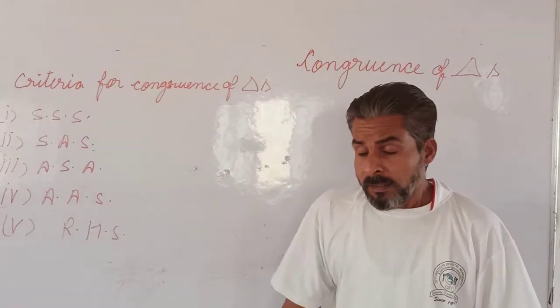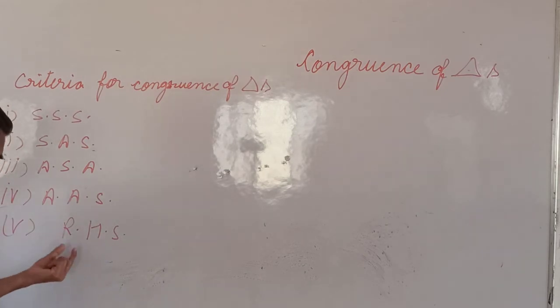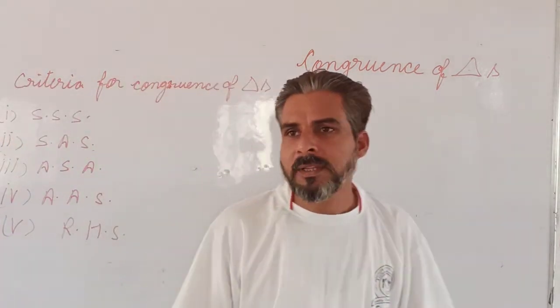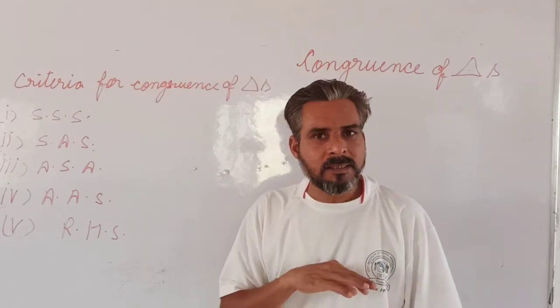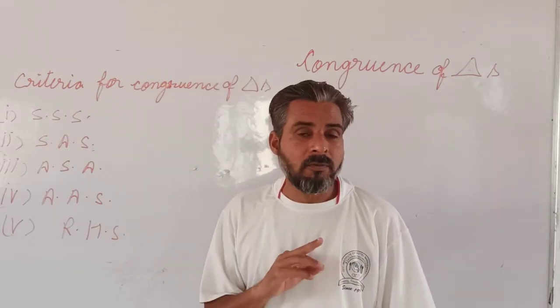Fifth one is RHS. In RHS, R stands for right angle. This criteria belongs to the triangles which are right angled. So the right angle triangle, 90 degrees, one angle is equal. In that, the hypotenuse should be equal.